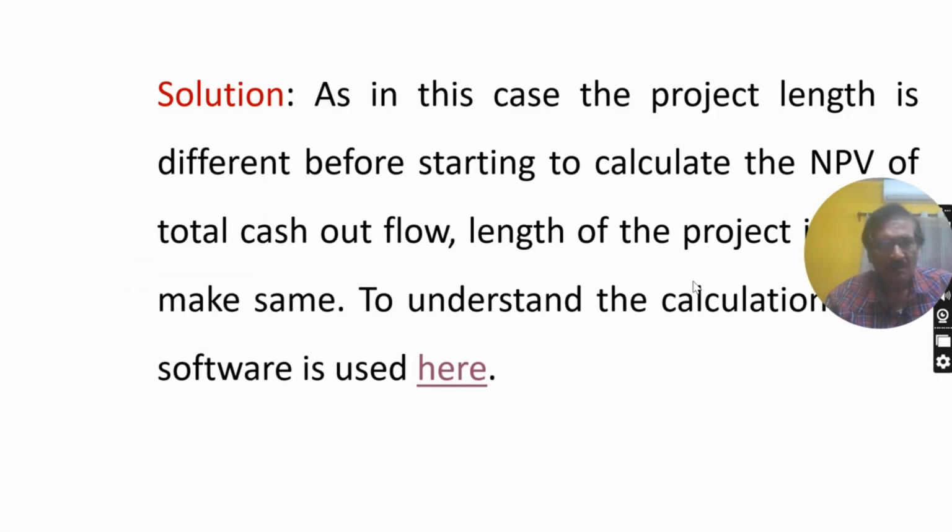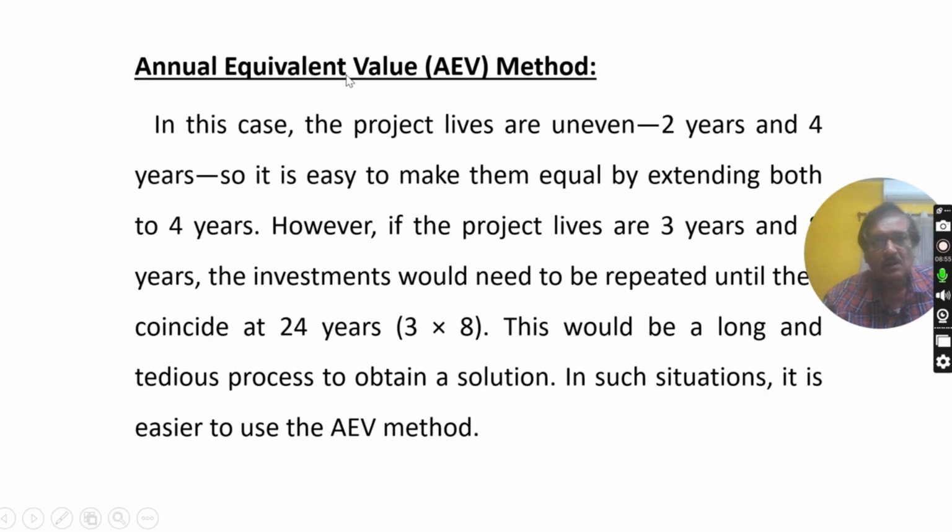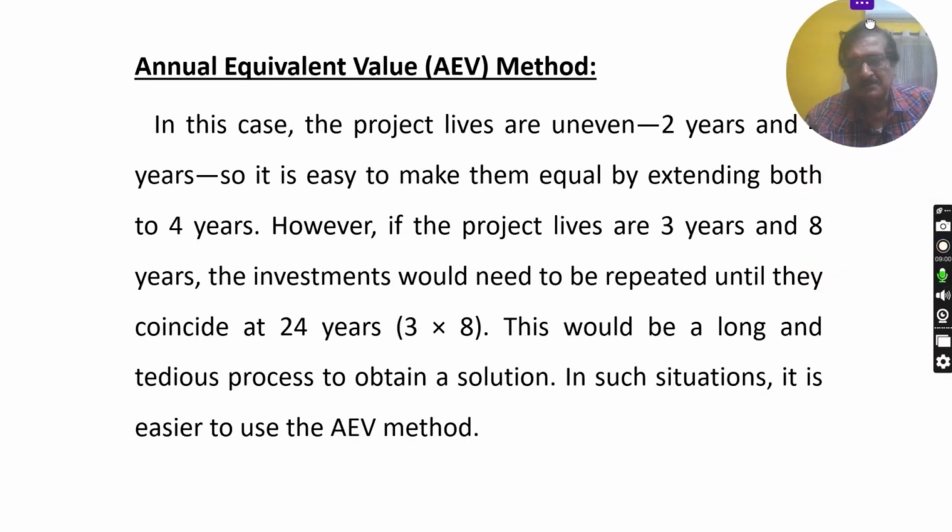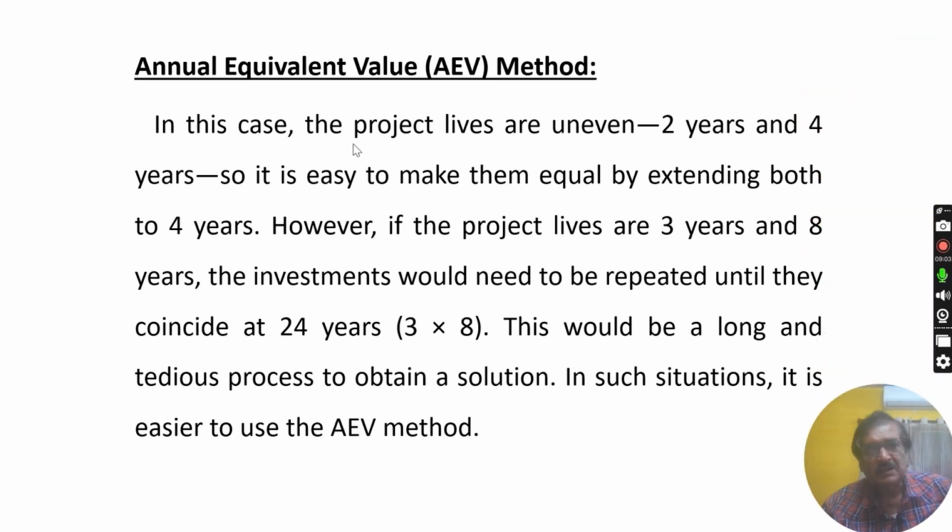Now the next issue, that is the annual equivalent value method, or you can say annual equivalent cost. What is this? In this case the project lives are uneven, 2 years and 4 years, so it is easy to make them equal by extending both to 4 years.